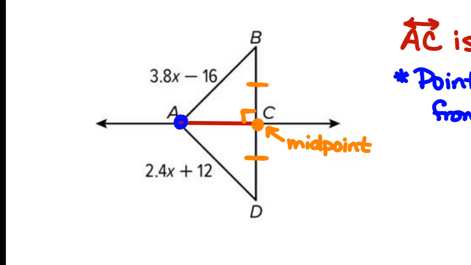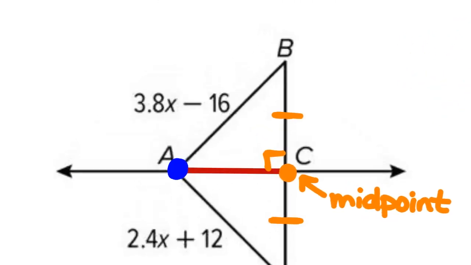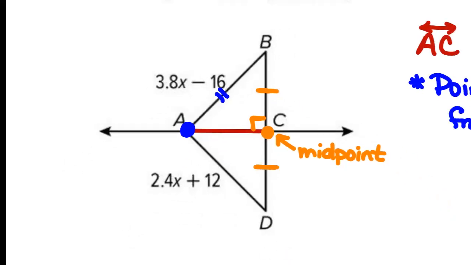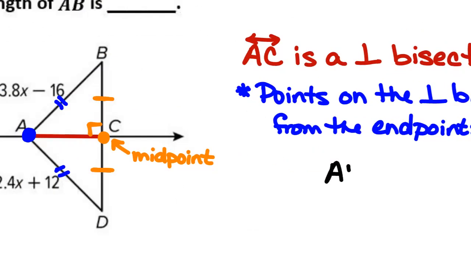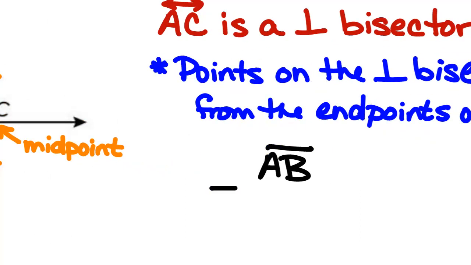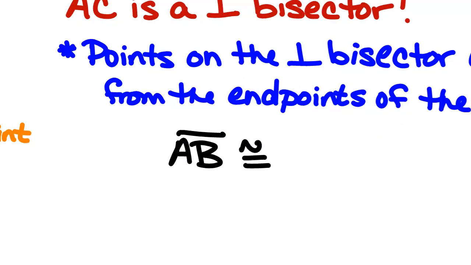But what would that mean about A then? It's not necessarily a midpoint. It's not cutting a segment in half, but it is equidistant from B and D. So this distance is the same as this distance. So AB is congruent to AD.